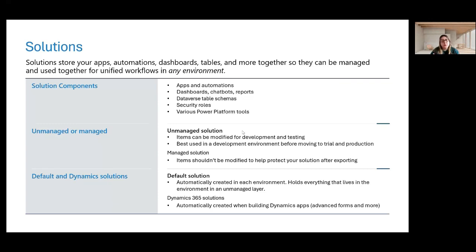So once you move the solutions to the test and production environments, you are locking these components so that no one can change them. Basically, managed is the way you protect your components. No one will be able to change a managed table or a managed component because it's locked.